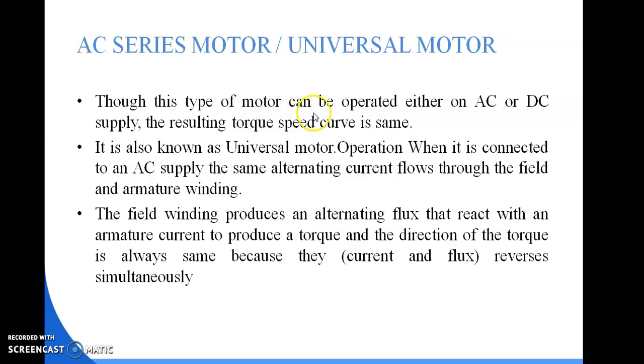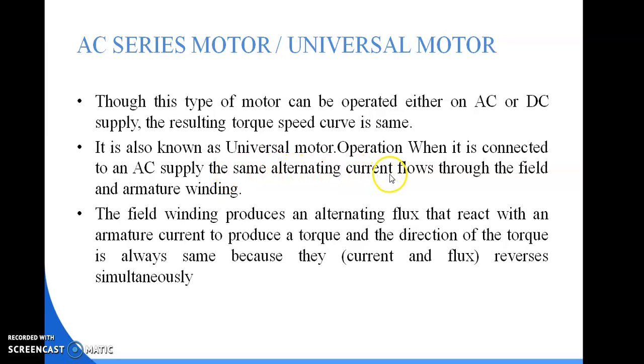Though this type of motor can be operated on either AC or DC supply, the resulting torque speed curve is the same. It is also known as universal motor operation when it is connected to an AC supply.